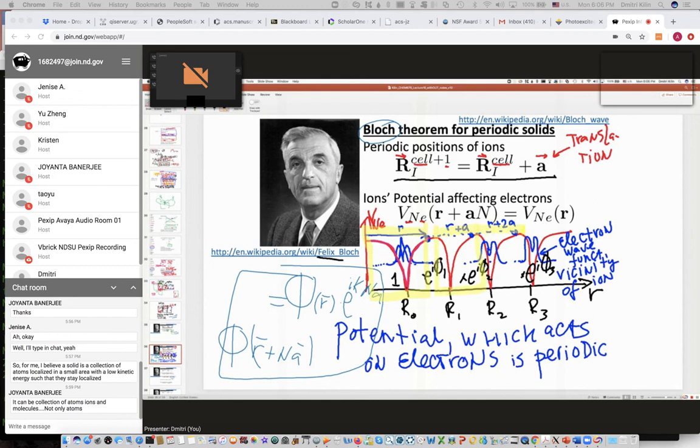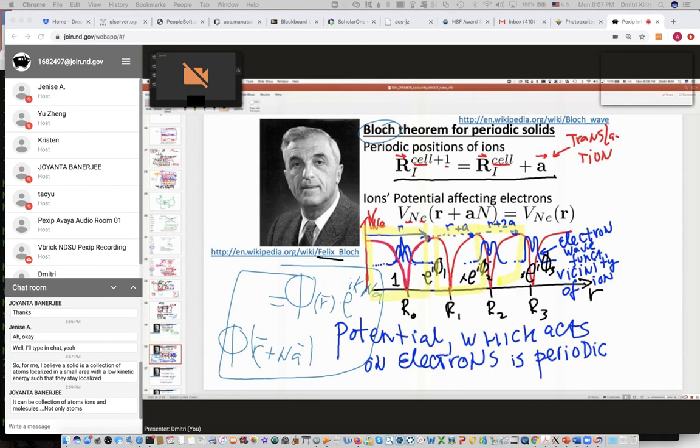And now, for us as computational chemists, we ask a question: how does the wave function look at the atom in the next periodic cell, in the next replica?